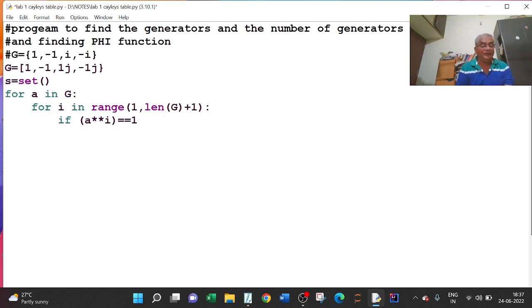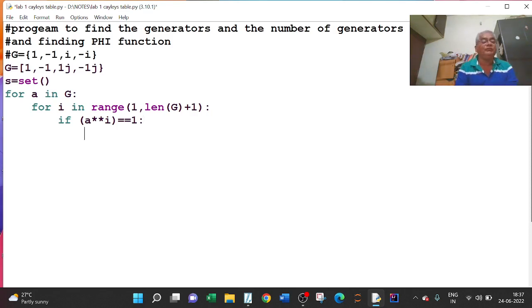But if I get A to the power of I equal to 1, I cannot say that I is the order of A, unless it is the first time. Even then we cannot say that it is the generator. This becomes a generator if this I is equal to n, that is, the order of A equal to the order of G. Then we say that A is a generator.